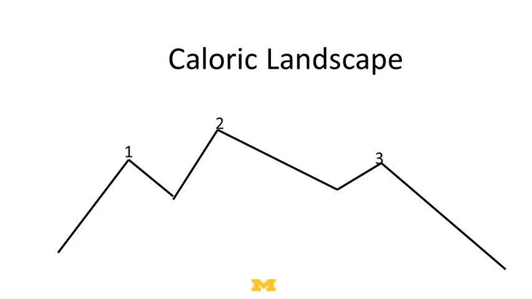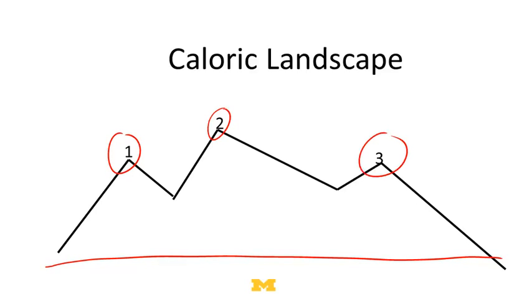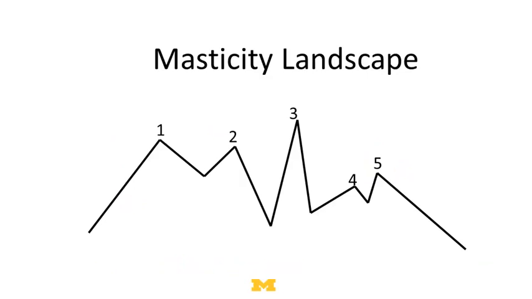Well, one way to represent those candy bars might be by the number of calories that they had. So I could organize all the different things they make by number of calories, and if I did that, maybe I'd have 3 local optima. So that's a reasonable way to represent these possible candy bars. Alternatively, I might represent those candy bars by masticity, which is chew time, how long it takes to chew them.